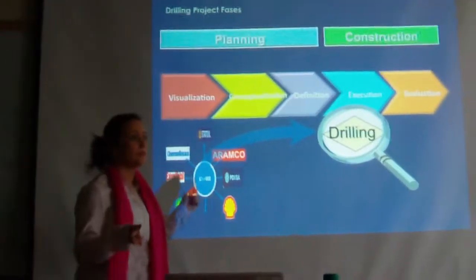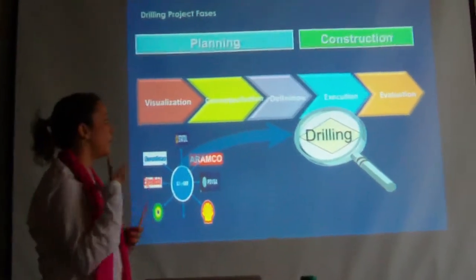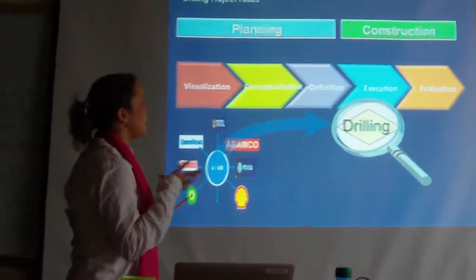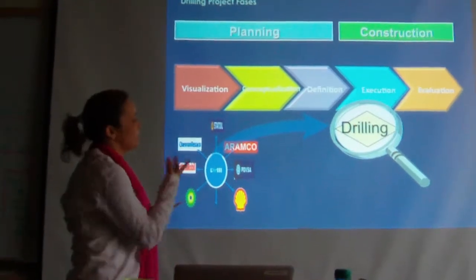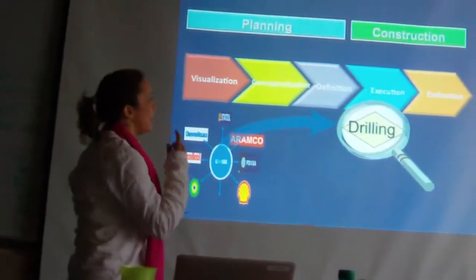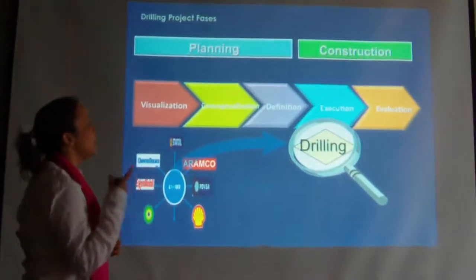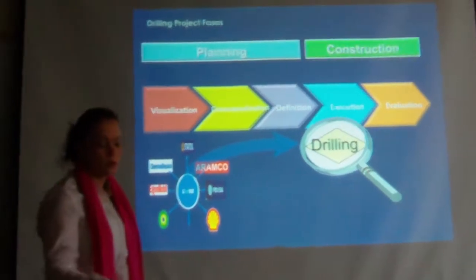These three are before you drill a well. After that you can move on into construction of the well. So you have to make your execution easily when you drill a well, and after that, when you finish, you have to make the evaluation of your operation.